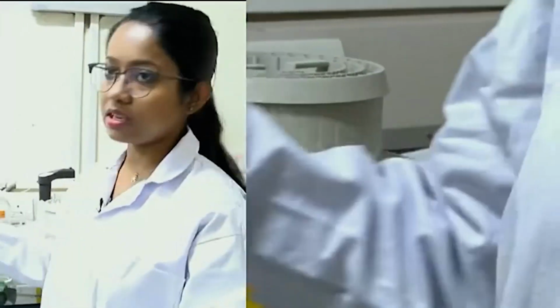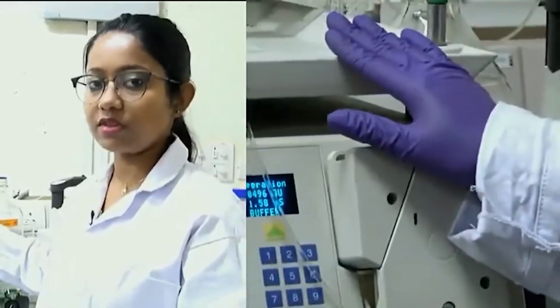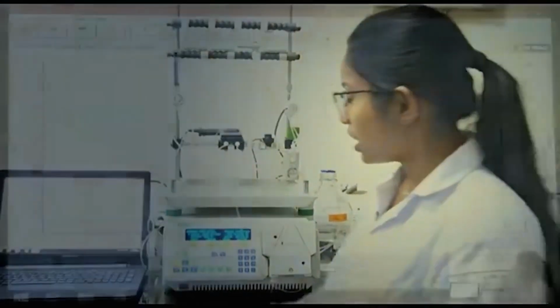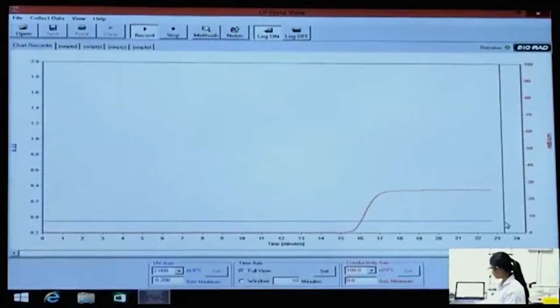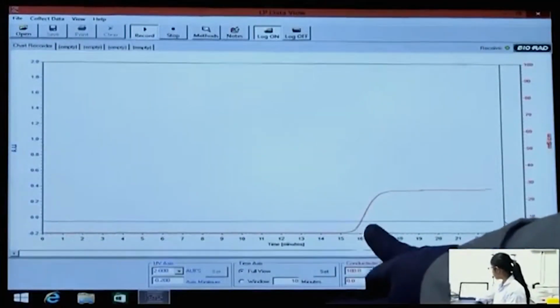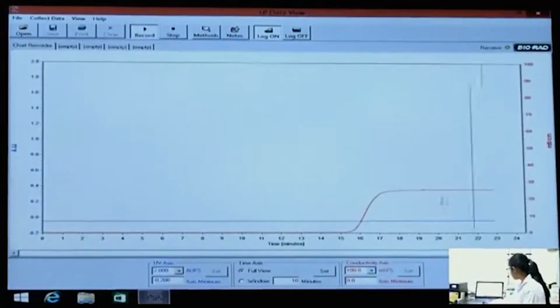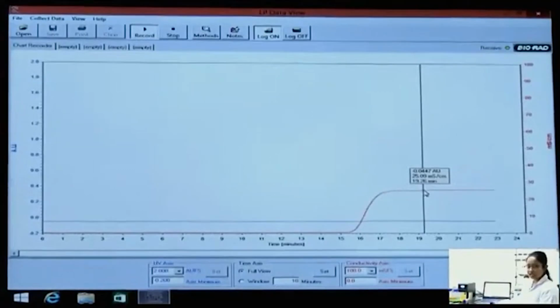Now, I will wait till my column gets equilibrated with the wash buffer. So, now we are running buffer A through this column for almost 10 minutes. You can see on this monitor the red line is going up and becomes stable at a particular point. This is the conductivity detector measurement.